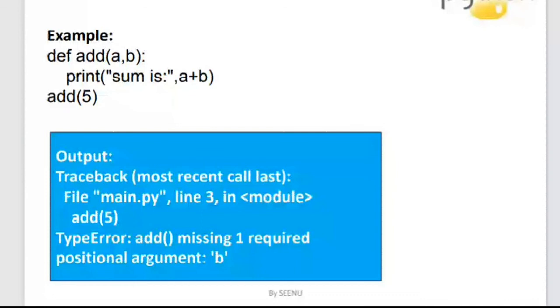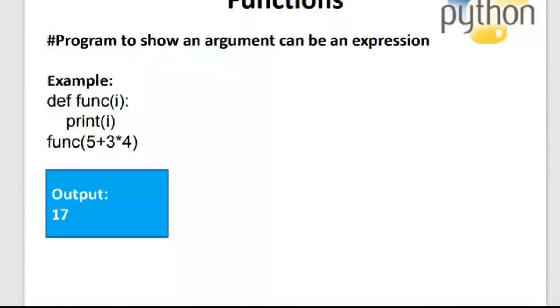This is a program wherein you can actually pass expressions into the functions, not only values directly. So this is an expression for i. I am passing an expression in the function call. What is the expression? 5 plus 3 into 4. This expression is evaluated based on the priority of the operator.